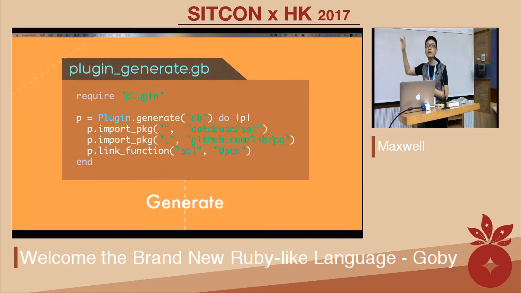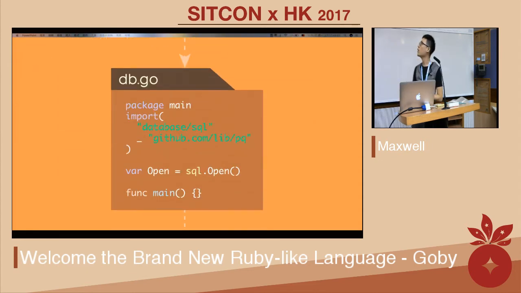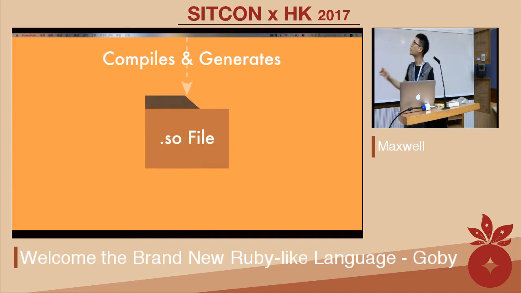And what it does is first generate the Go file. Automatically generated, this is not written by yourself. This is generated during runtime. And now it does the same thing as the use method. So it compiles and generates the static object file.